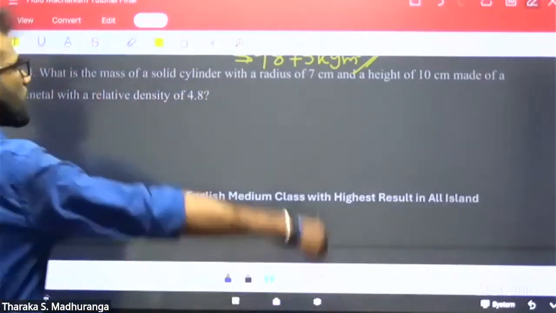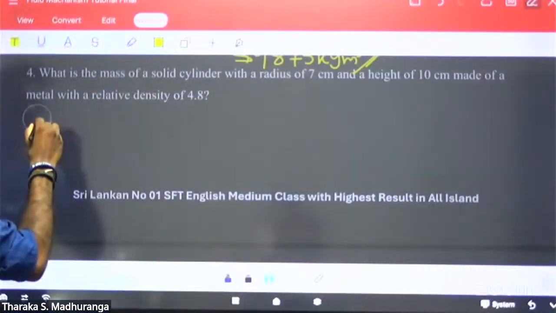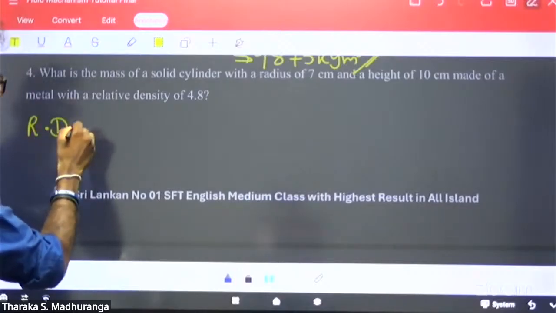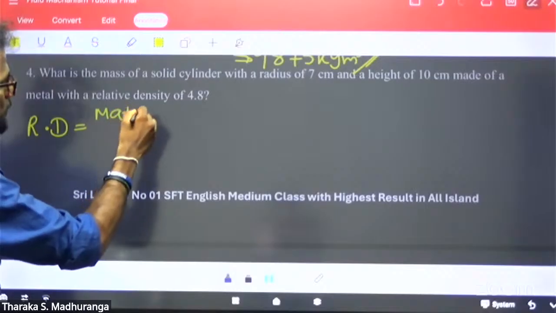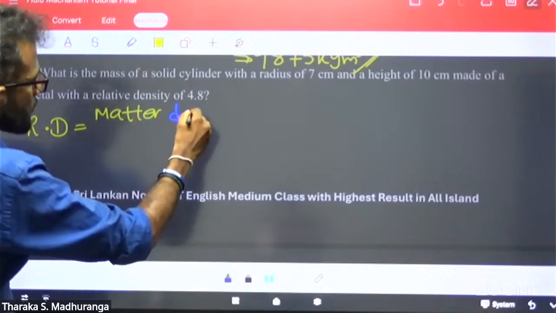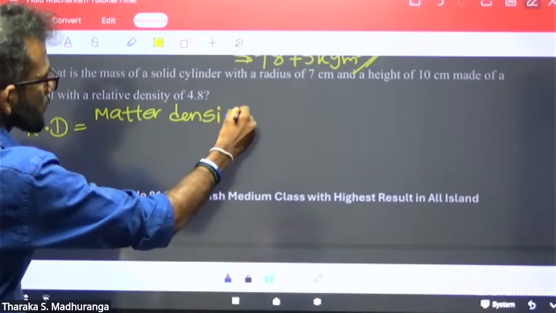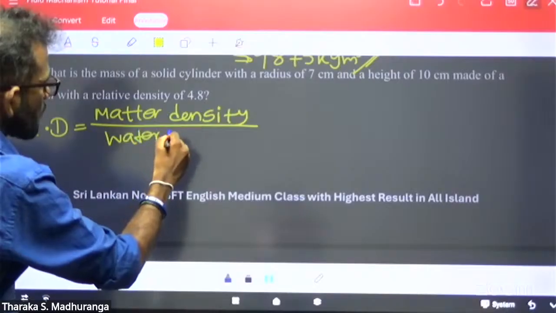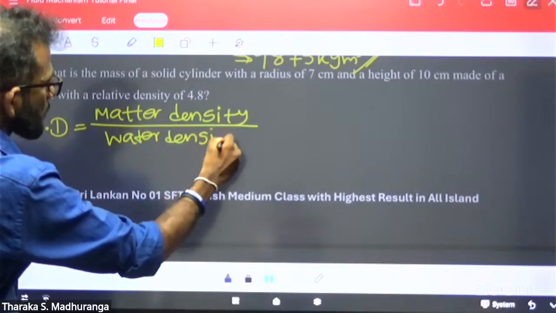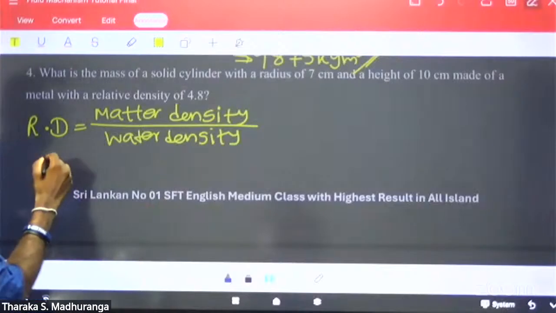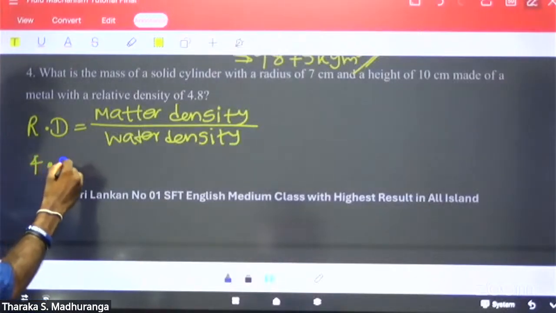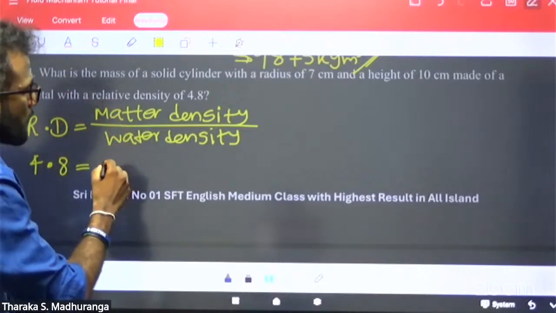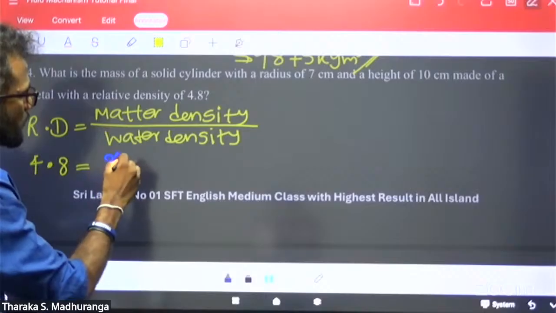What's the equation of relative density? The relative density equals matter density over water density. The relative density is given, 4.8, and the matter density we don't know, think it is x.